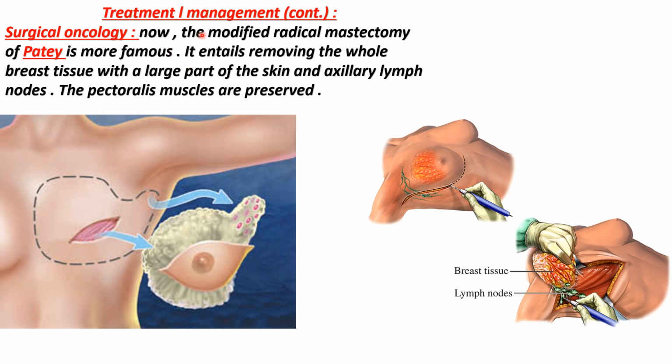Now, the modified radical mastectomy of Patey is more famous, as we see here. It entails removing the whole breast tissue, as we see here, with a large part of the skin and axillary lymph nodes. The pectoral muscles, minor and major pectoral muscles, are preserved in this operation.